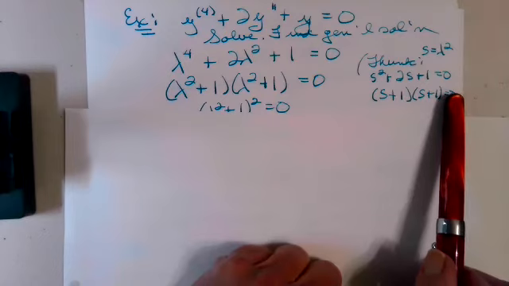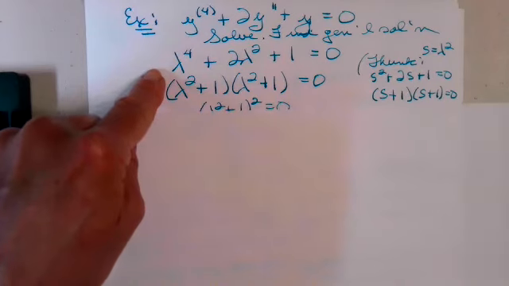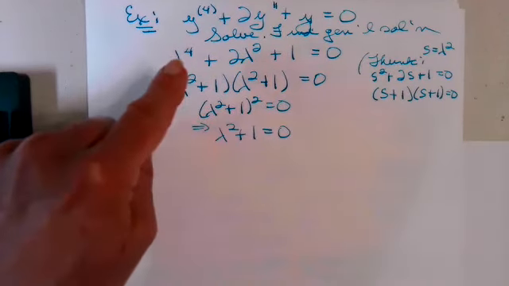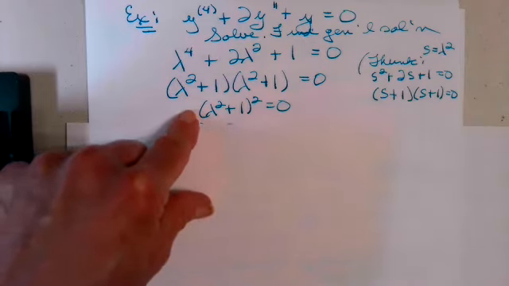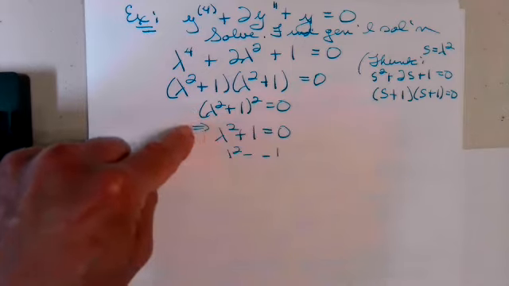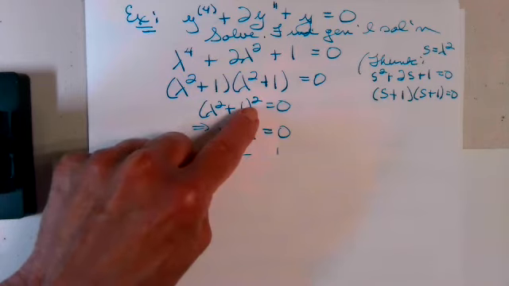But s was lambda squared. So using that trick, you get lambda squared plus 1, quantity squared, equals 0. How do you solve that? That means lambda squared plus 1 has to be 0, but it's essentially a double root.